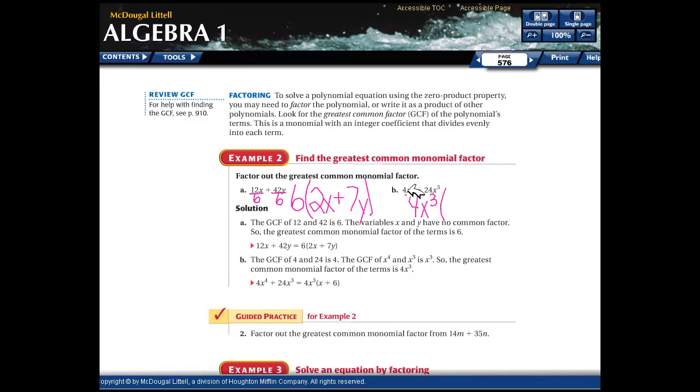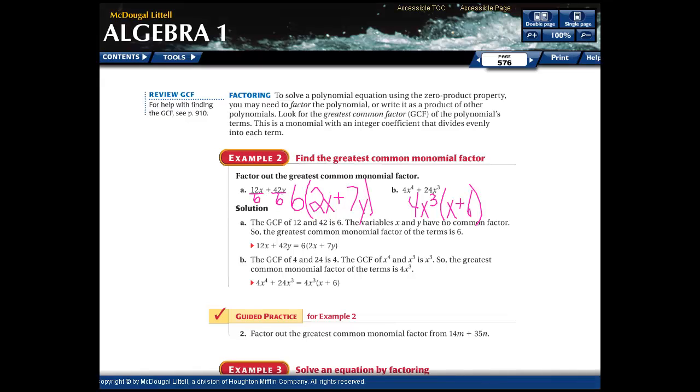That would leave me with 4x to the 4th divided by 4x cubed, leaves me with just an x. 24x cubed divided by 4x cubed will leave me with a positive 6, and all my x's have been taken. They're all gone. So 4x cubed times x plus 6.